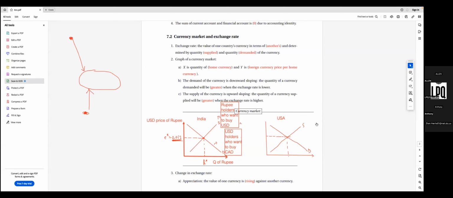Not CAD. My bad. This is India, not Canada.